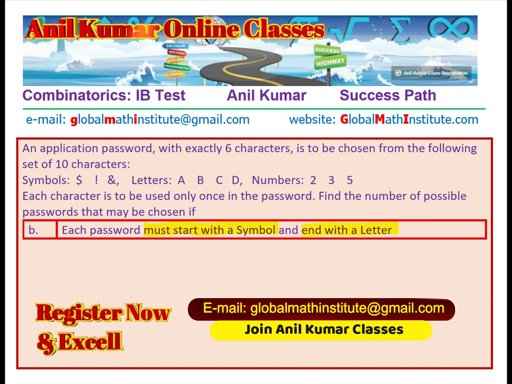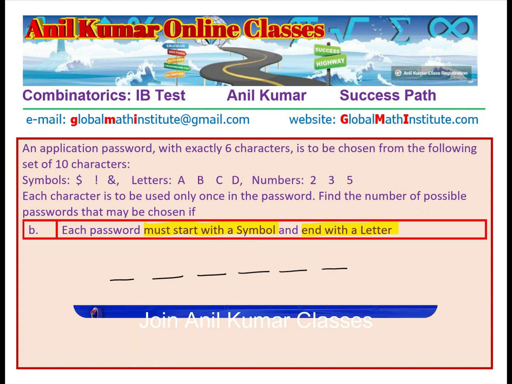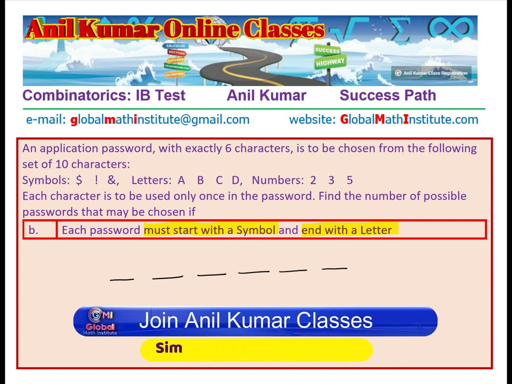Perfect. So again, we have these six positions: one, two, three, four, five, six. In the first position, you can start with a symbol, right? So we have a symbol here. And at the last end, we have a letter.